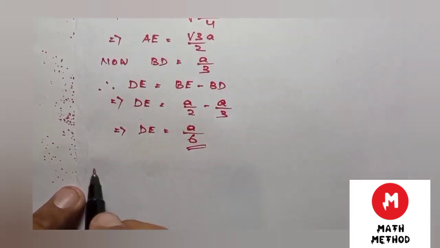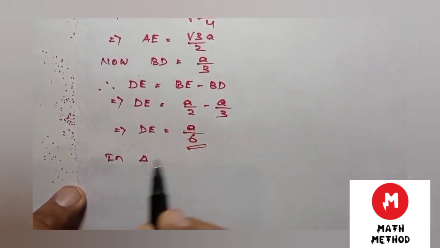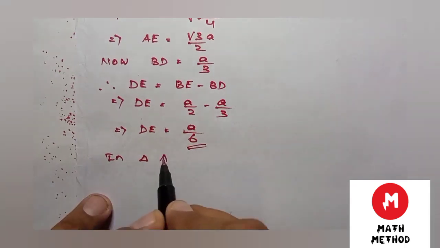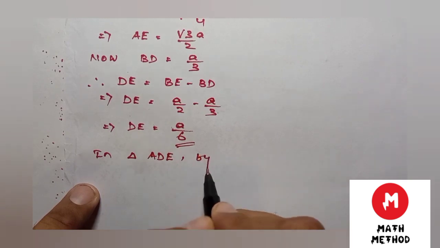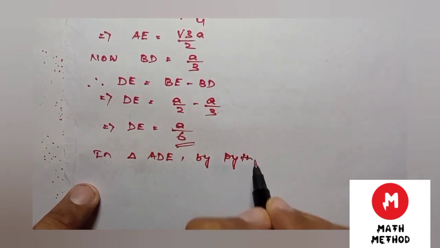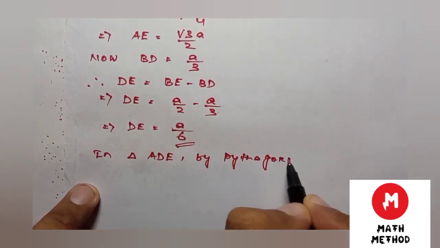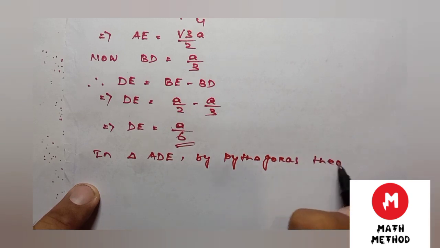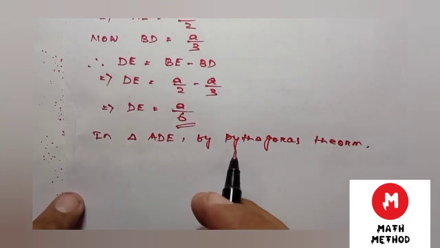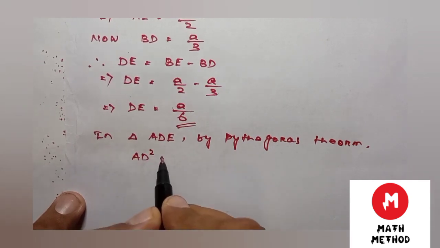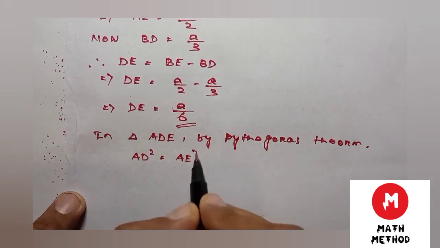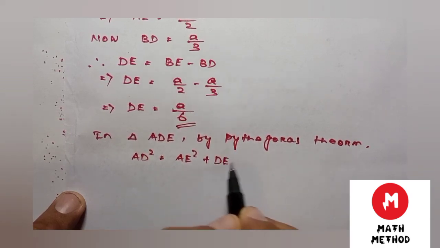Now in triangle ADE, by Pythagoras theorem, AD square equals AE square plus DE square.